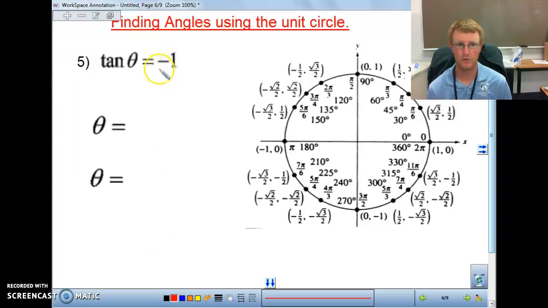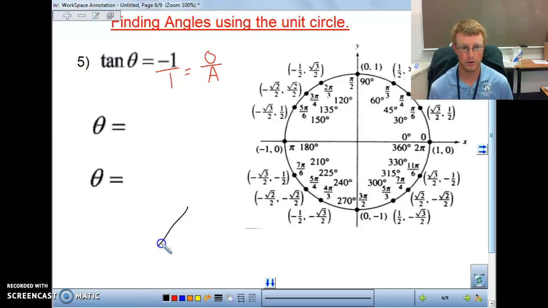When we don't have a fraction, let's write it as a fraction: -1 over 1, and that is opposite over adjacent. Remember, anytime we're solving for angles with exact values, we're trying to get a value that is a special right triangle.